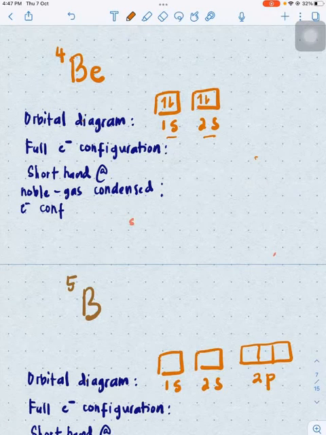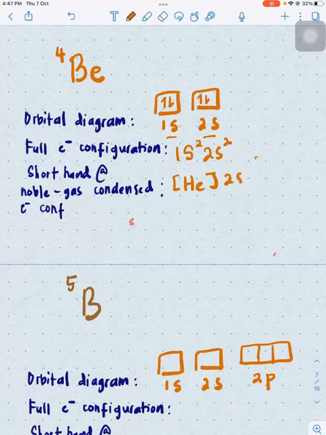So if you write down the full electron configuration, dia akan jadi 1s, 2 arrow kat situ, so 1s2, 2s, 2 arrow juga, so 2s2. And then again, sebab dia punya yang mula-mula tu 1s2 tu sama dengan helium, so we are going to use [He] 2s2 as our shorthand ataupun condensed electron configuration.